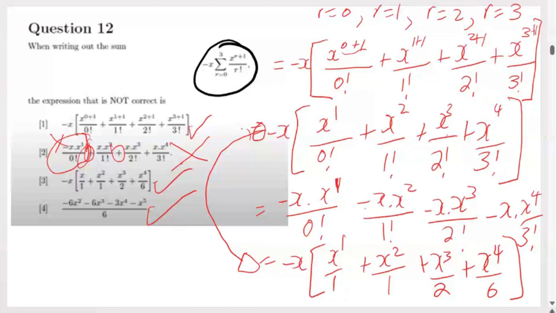So this one makes it incorrect because of its sign. This must be negative because remember, you are multiplying by the negative x, which was outside. Negative x, this one is correct, but here it should be negative, and then this one should be negative, and also this one should be negative. So that's why this one makes it incorrect.